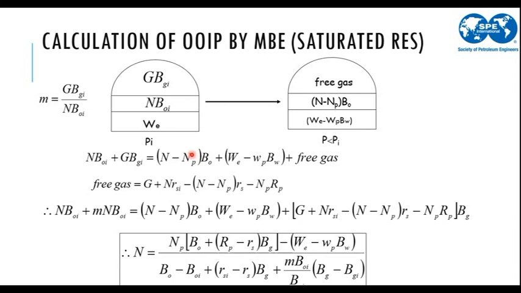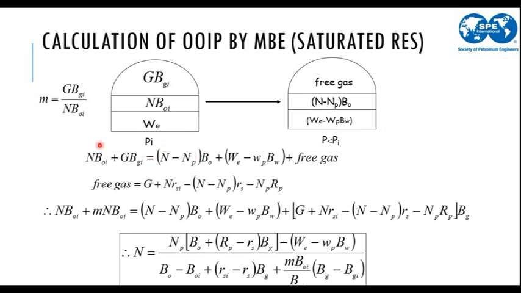And the second thing, you would find the original oil in place minus some part which is the NP or the produced oil that you have already produced. And the last thing is the water that you have already produced during the depletion phase. So how to calculate all of these things in order to get the original oil in place?